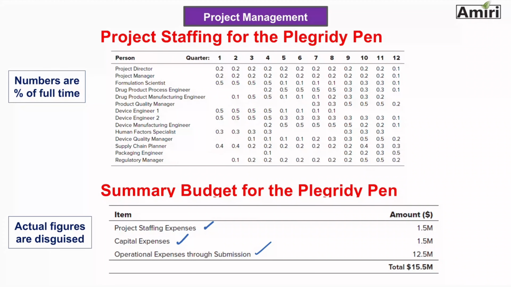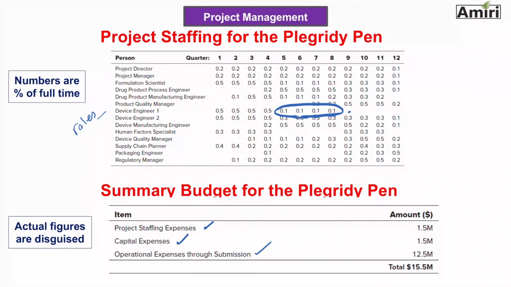But going back to that project staffing and teamwork, you can see this is a bigger company, so these are all roles rather than names of the people. And then you can see at the beginning months, maybe they require only 50% of the time of a device engineer. But then as it goes on, you can see here in the middle of the project, it gets a little bit less.